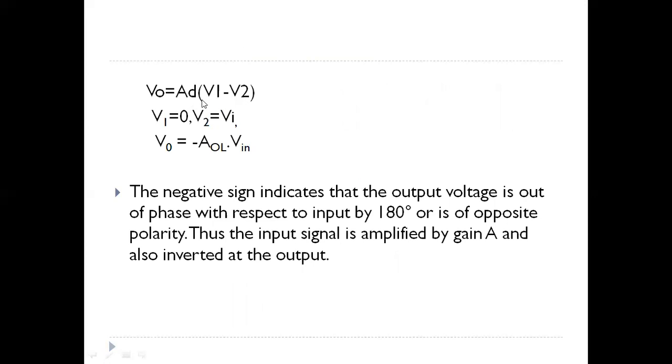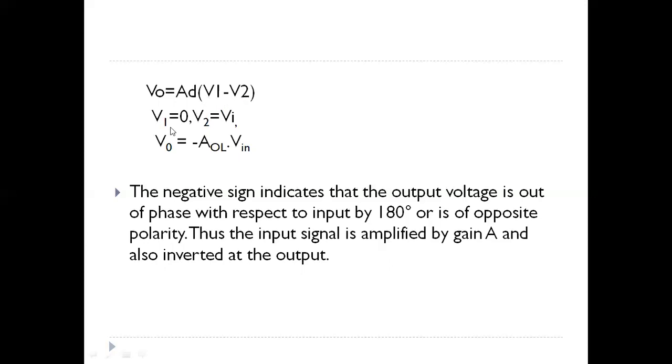It produces the amplification of the difference of those two input signals, where Ad is the differential gain, V1 is the first input, V2 is the second input. V1 is the input which we are applying to the non-inverting terminal, and V2 is the input which we are applying to the inverting input terminal.